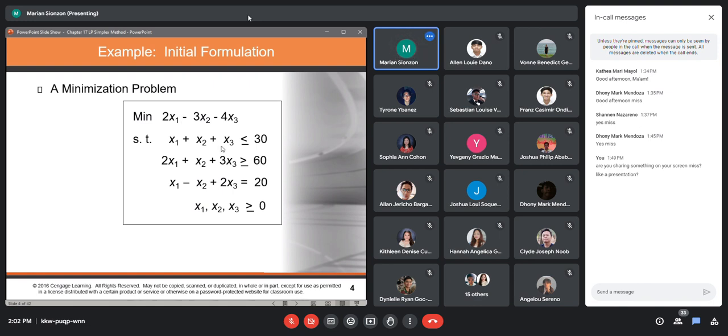You used up only 28, so you still need 2 to make it full utilization of 30. The slack variable absorbs the idle capacity, which is the capacity not put to use. Did you get it?